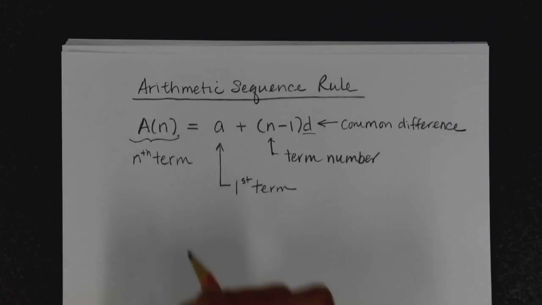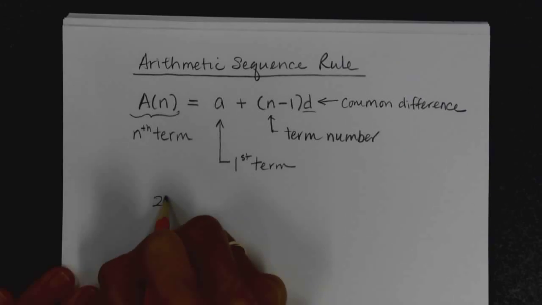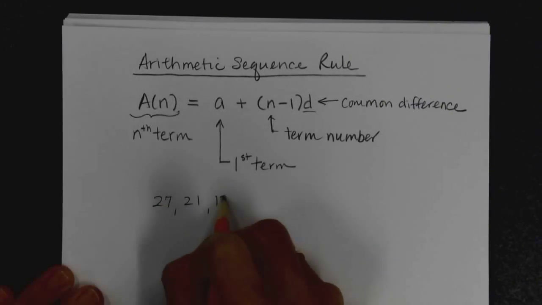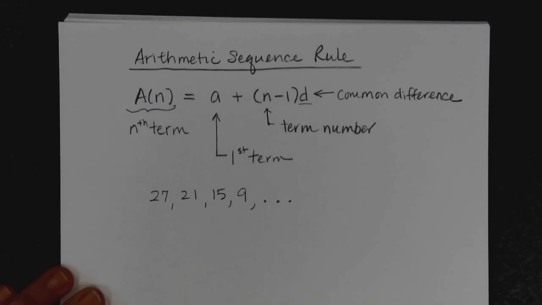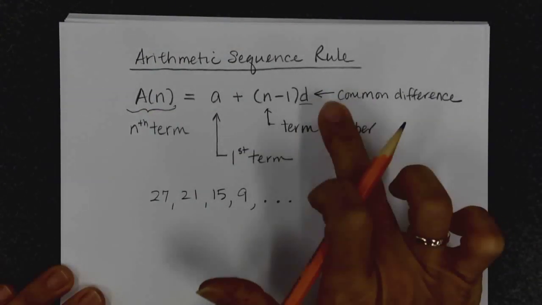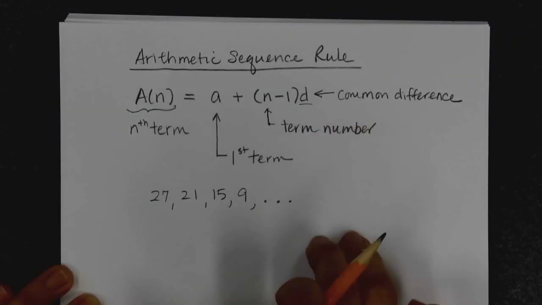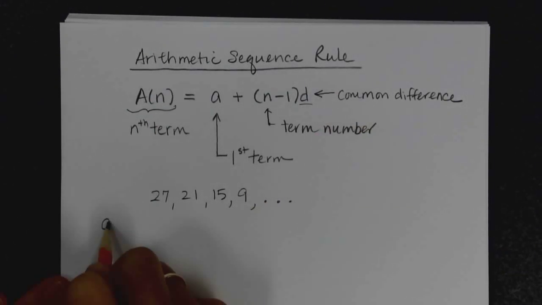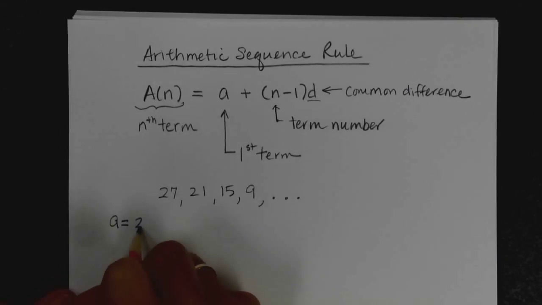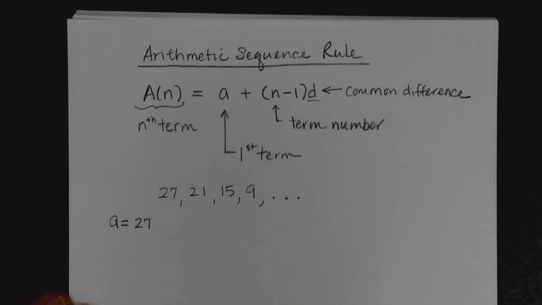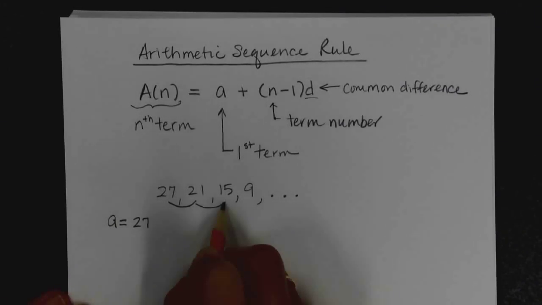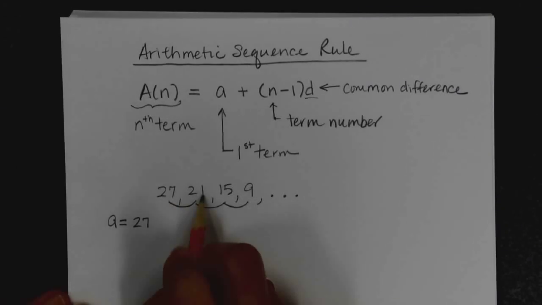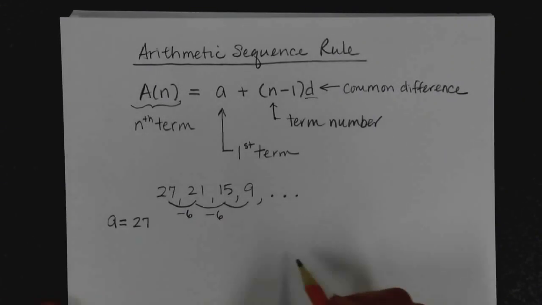If I had a sequence 27, 21, 15, 9, and so on, I could write the arithmetic sequence rule for it. My first term, a, is 27. For the common difference, from 27 to 21 it went down by 6, and from 21 to 15 it also went down by 6.